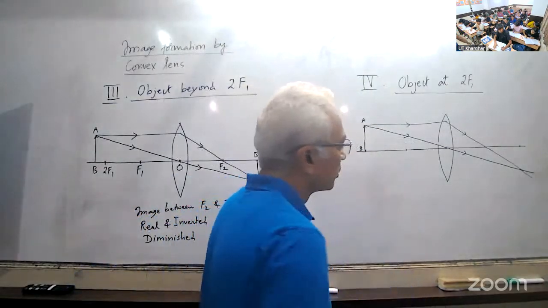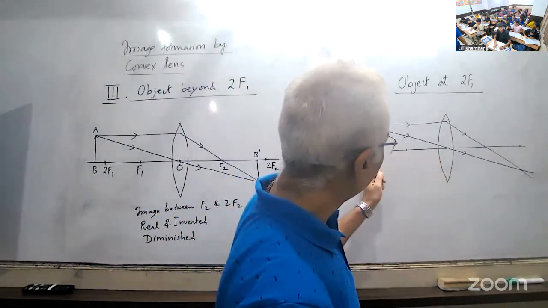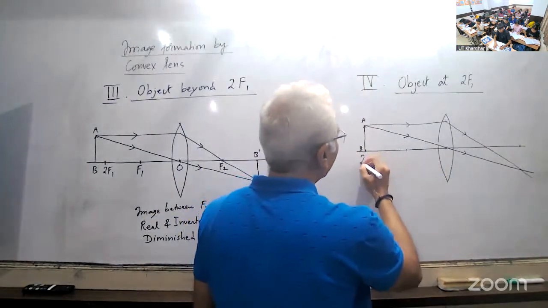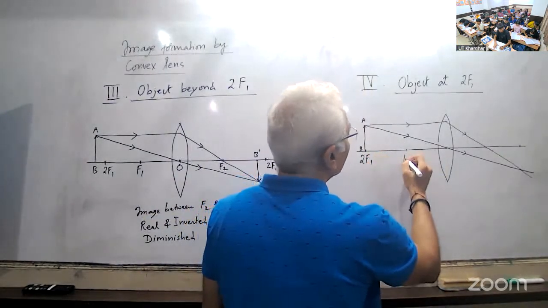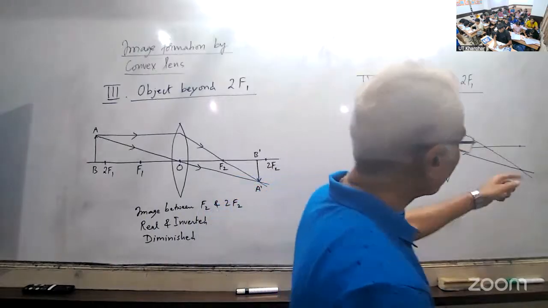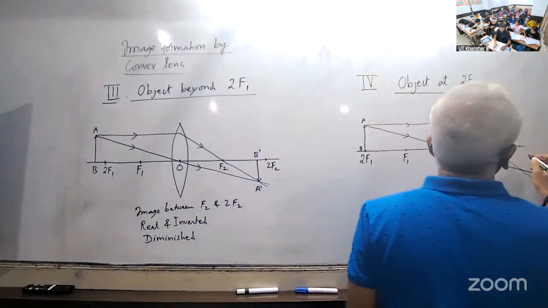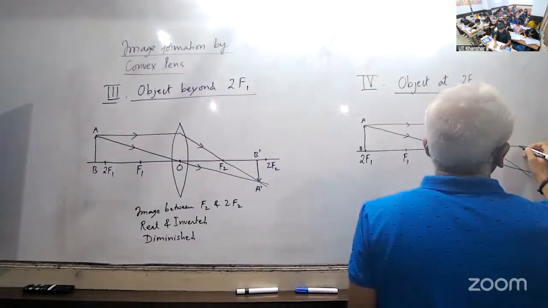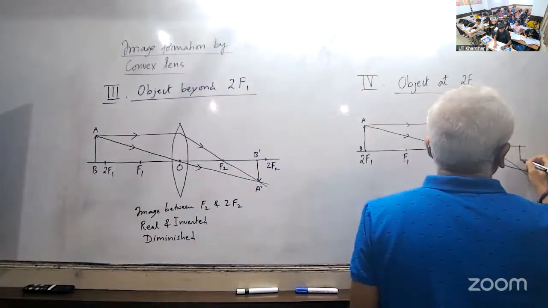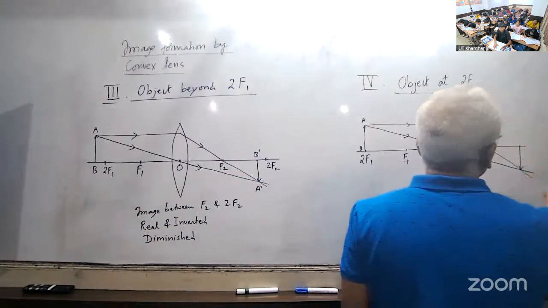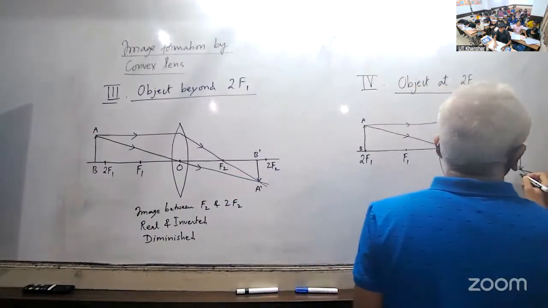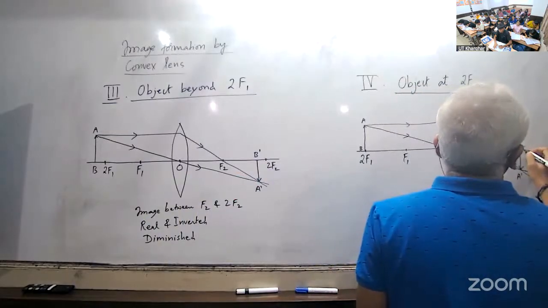So what is the clue here? When the object is at 2f1, the image has to be at 2f2, right? And it has to be of the same size. So this will be A dash and B dash.